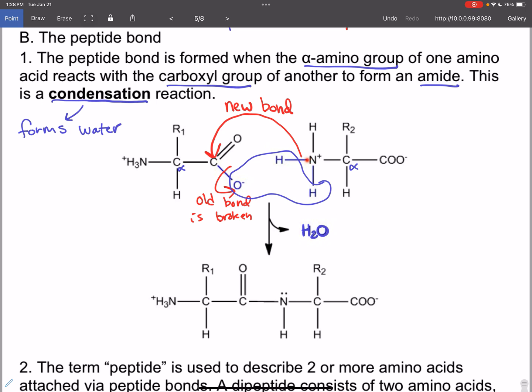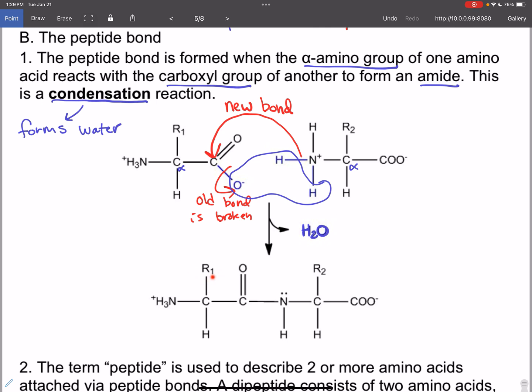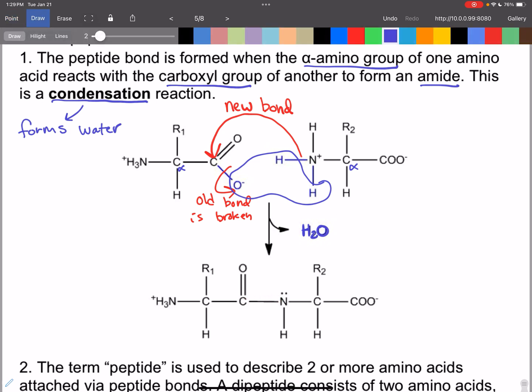And then there's going to be a new bond between the nitrogen of the second amino acid and the carbonyl carbon here. In the product structure down below, here's the one on the left and the one on the right, I've got this new bond between the nitrogen and the carbon right here. I'm going to draw that one in this color, since that's the color of my arrow. So that's our new bond right there.